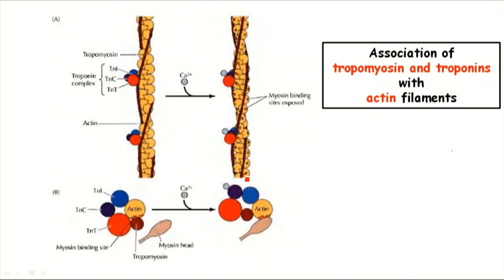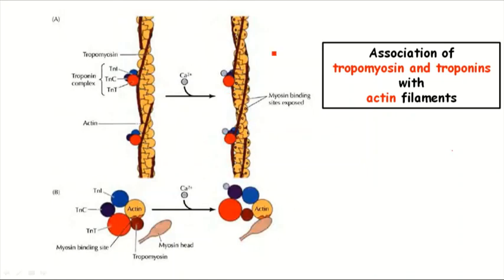This high calcium concentration signals muscle contraction by the binding of tropomyosin and troponin with the actin filament.